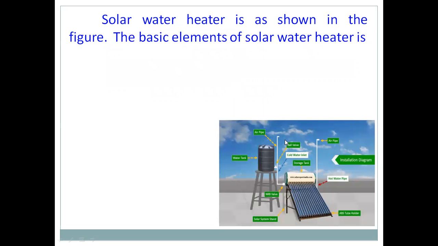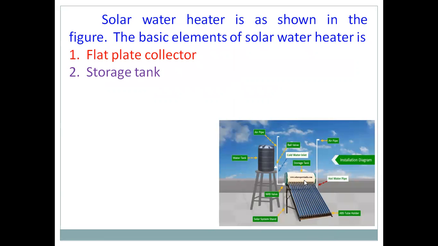The basic concept of the solar heater contains mainly 5 parts. The first one is a flat plate collector. See here, this is a flat plate collector on which the sun's rays are incident. The water heats. And the second part is the storage tank.